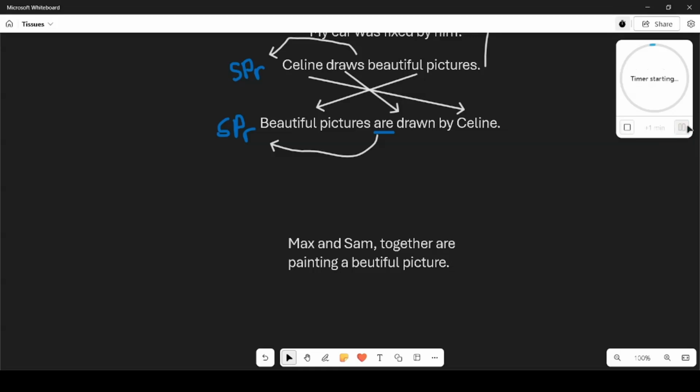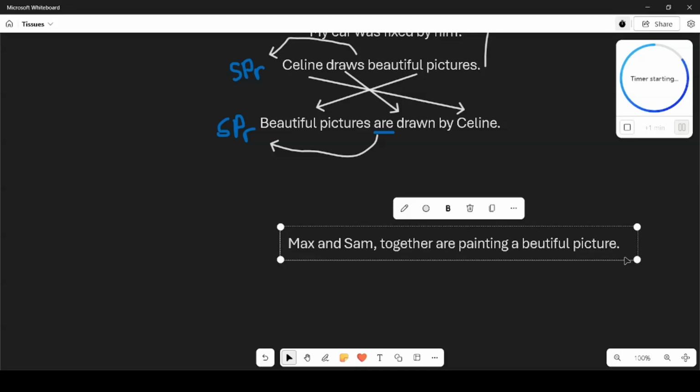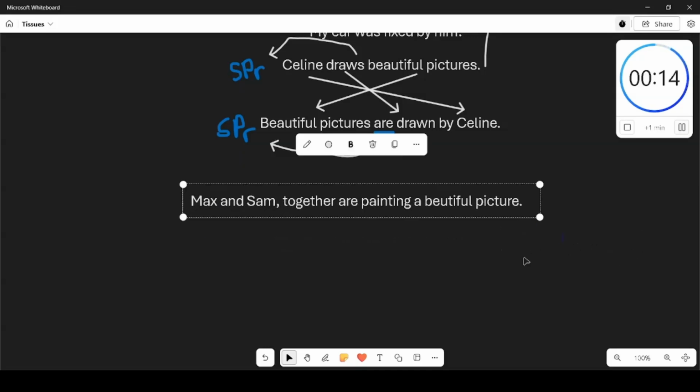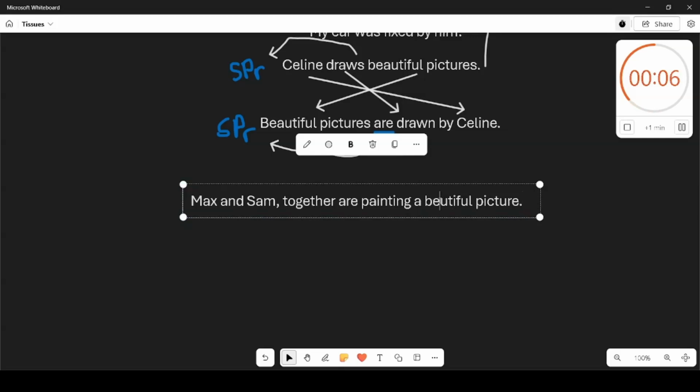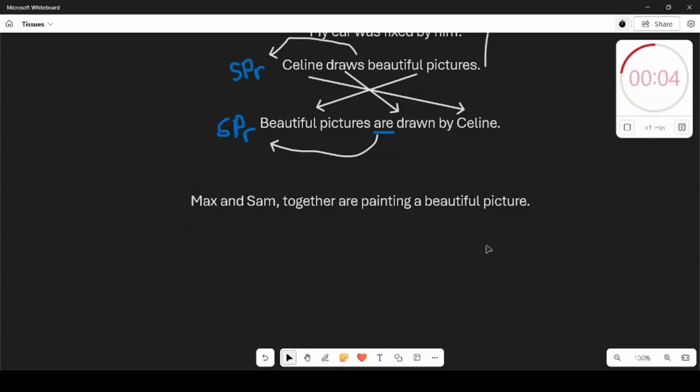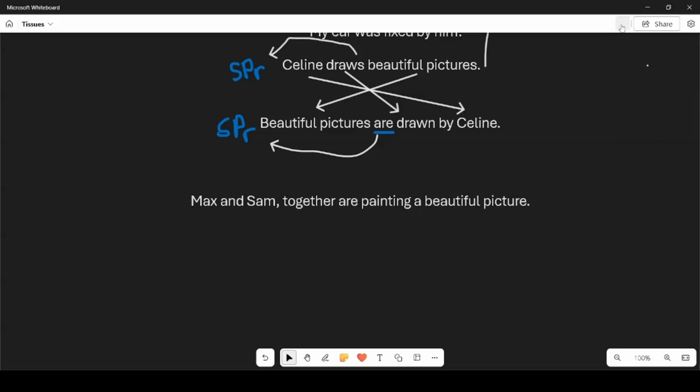So in this 15 seconds, I want you to convert this sentence into a passive voice sentence. Well, your time's up. Max and Sam together are painting a beautiful picture.